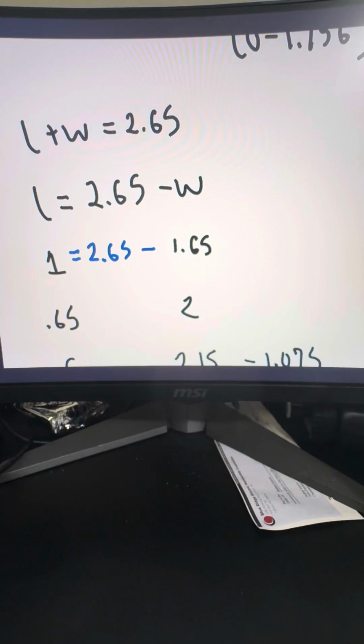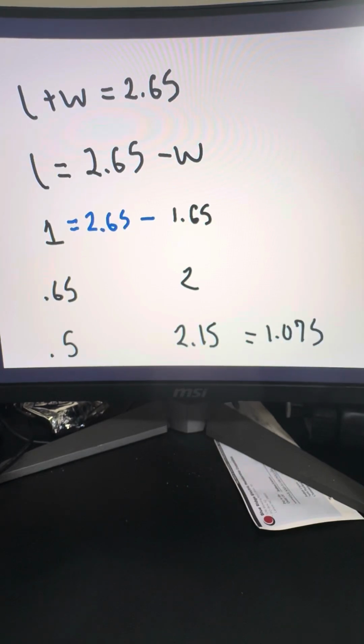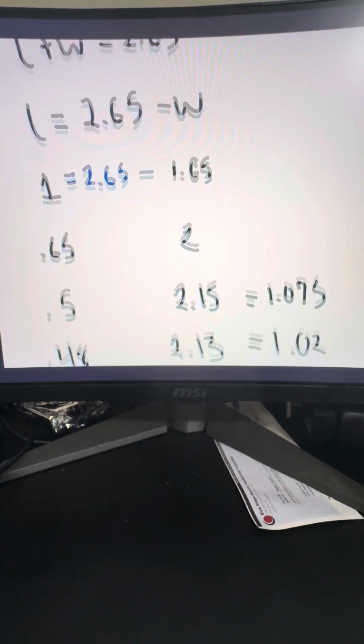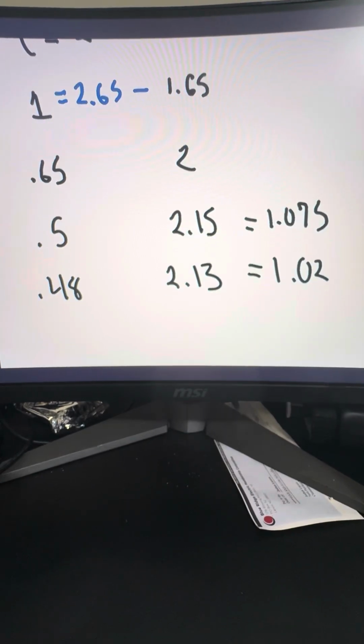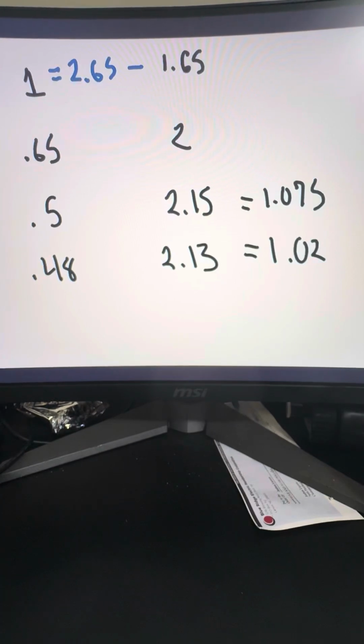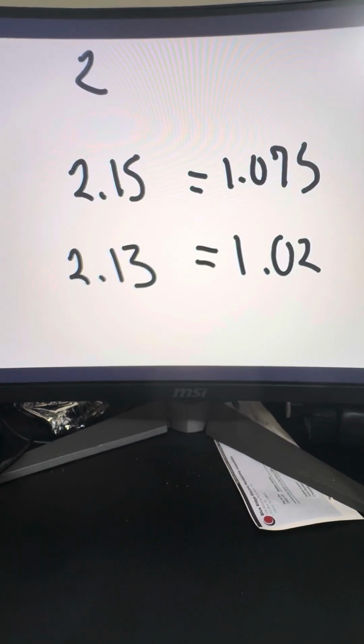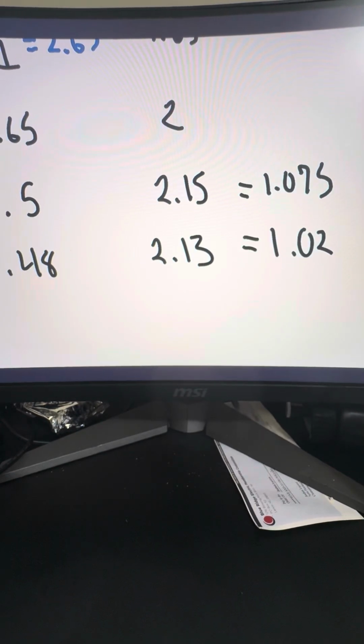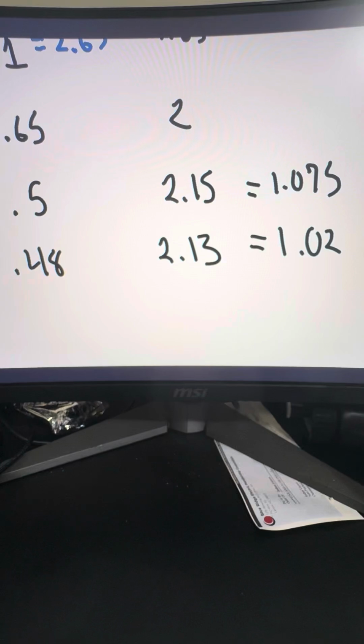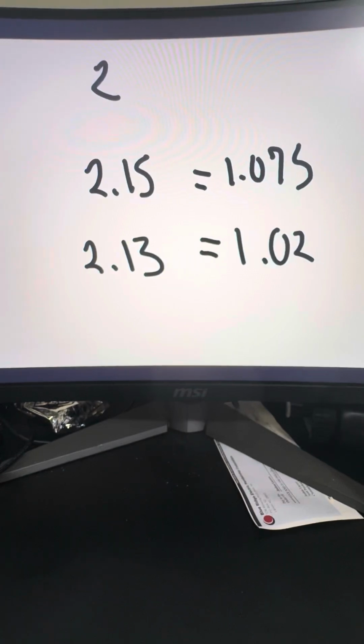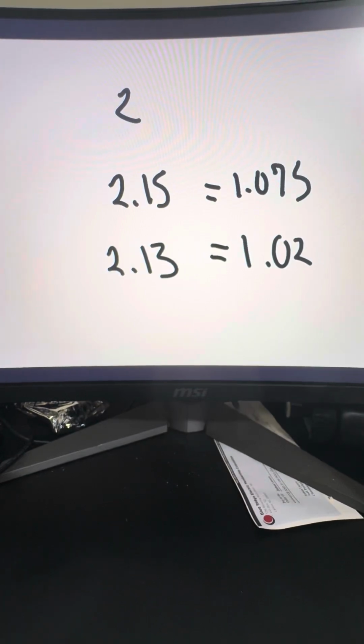So I went a little lower, and my next step was 0.65 and then 2. And when I multiplied those, we got a little closer. I lowered the number down even more to 0.5 times 2.15, and we got really close, 1.075, which almost rounds to just 1. And then after lowering a little bit more, we got 0.48 times 2.13 equals 1.02, which you could round to an area of 1.